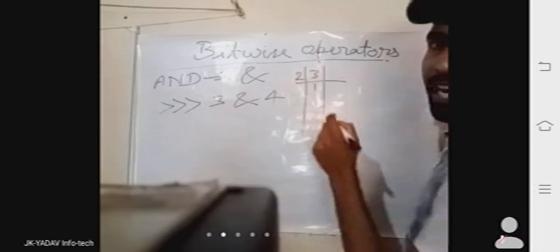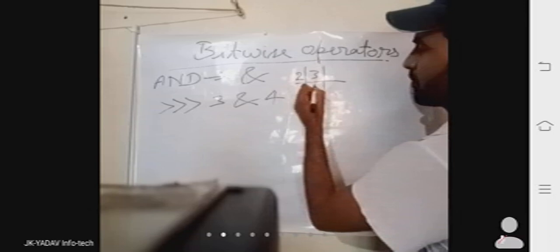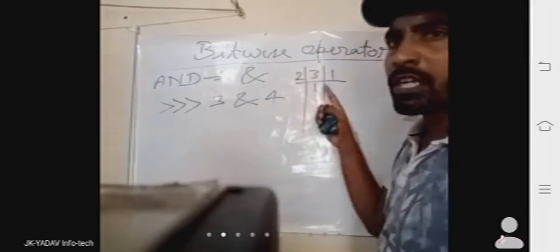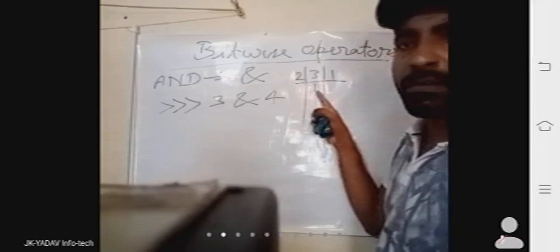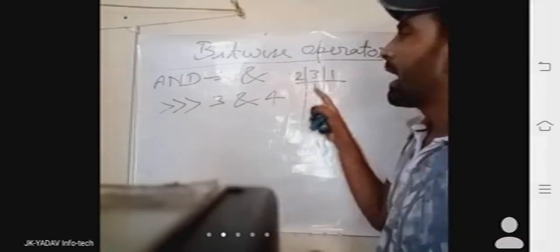So if you divide 3 by 2, what do you get? 2 ones are 2. One time the quotient comes 1 and the remainder also comes 1.